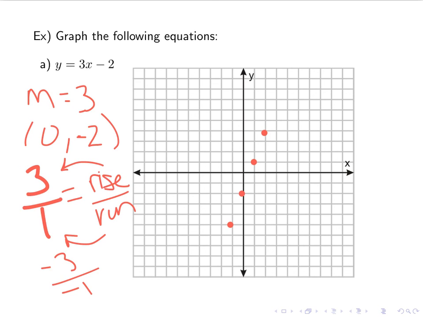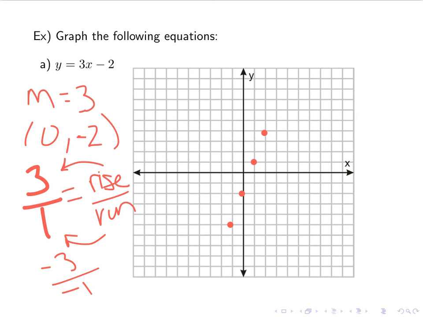So I can think of my slope as different fractions, or I can just do the same fraction twice. Okay, so you want at least 3 points, because any 2 points make a line, and you want to make sure you have the correct line. So here I have 4 points, but you need at least 3. And then I will connect them with what will hopefully be a straight line.